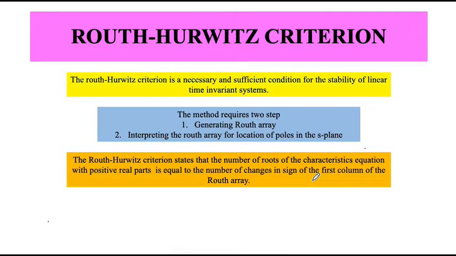It will not tell you the exact location, but it will tell you first, is my system stable or not, or whether all the roots of the characteristic equation are on the left half plane or not, or if they are on the right half plane, how many are on the right half plane, and so on.